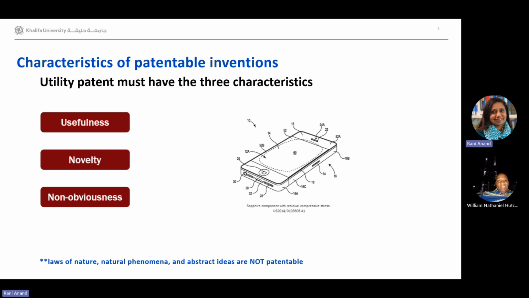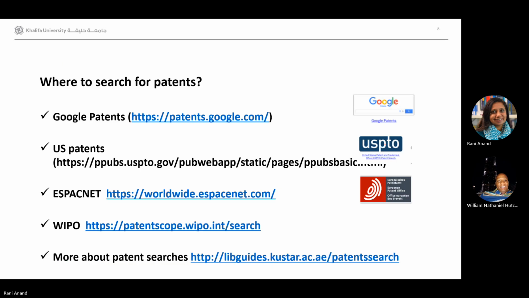So usefulness, novelty, and non-obviousness are the three characteristics of the utility patent. So these are the three major categories: utility patent, design patent, and plant patent. It is identified by a letter in front of the patent number, and most of the patents are utility type.